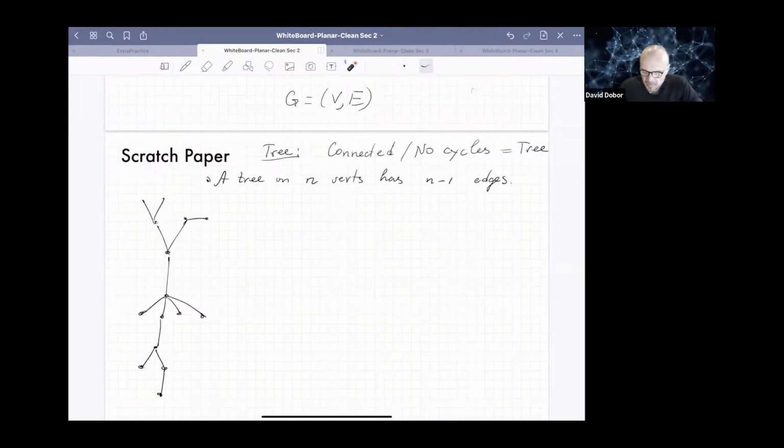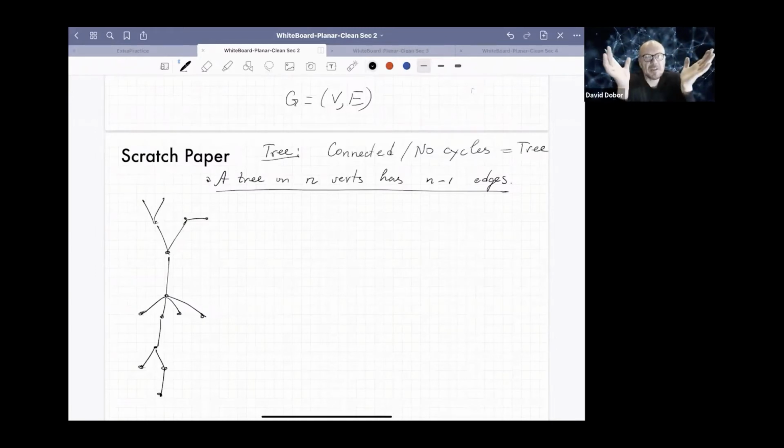Here's how I want to show this. The structure that I have drawn is just one representation. I'm not going to rely on this representation, it's just an aid for me to think through it. All I'm assuming about this structure is that it is connected and it has no cycles. That's the only assumption that I make. Well, if that's the case, I'm going to say the following.